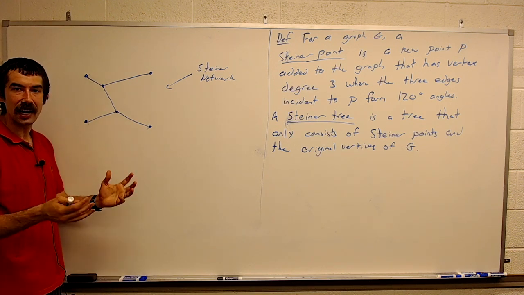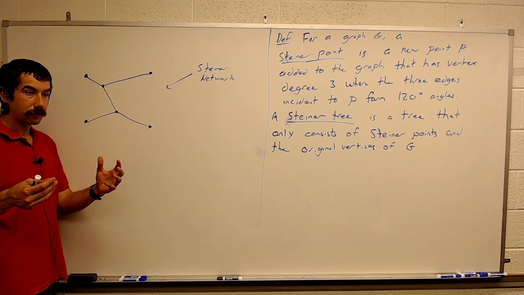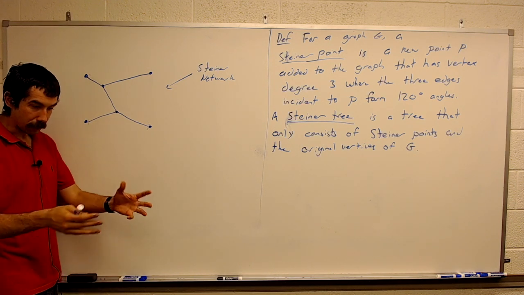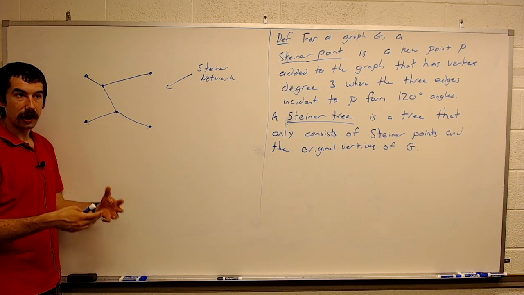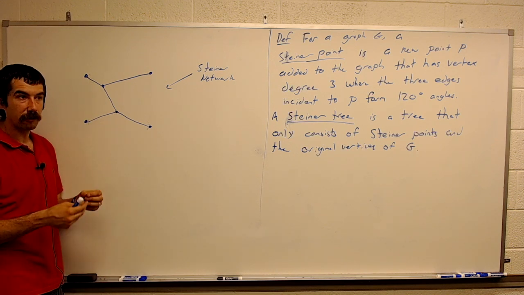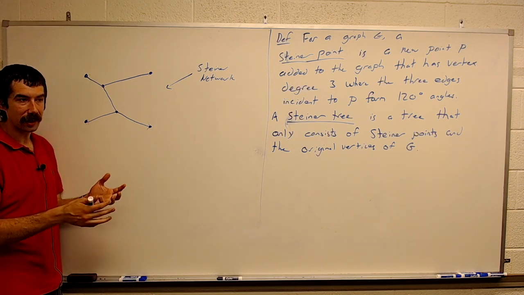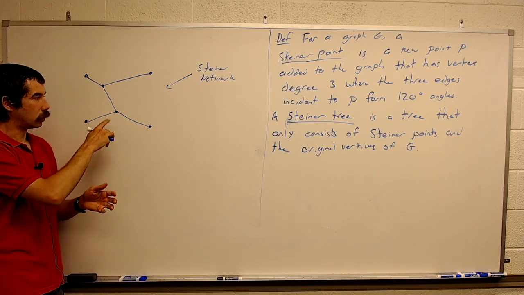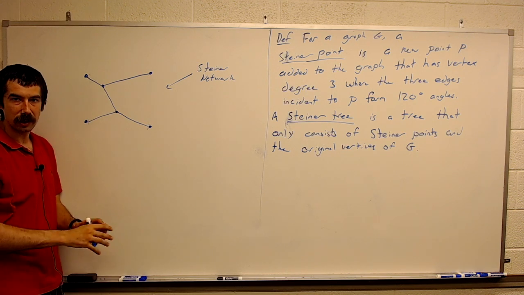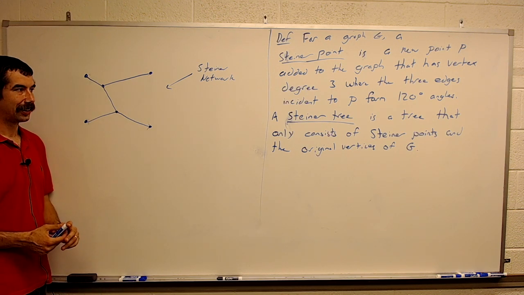If you're trying to connect laptops to some central server and you want to save money on the cost of cable, you would use the Steiner method to figure out where exactly to build these junction points in the network.